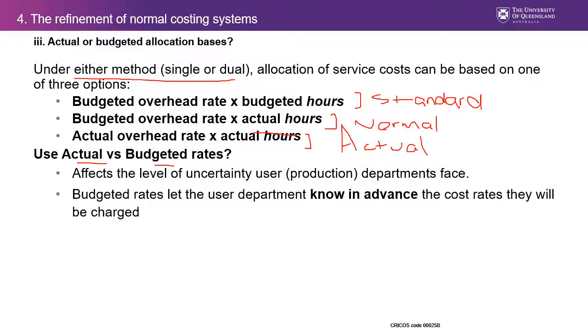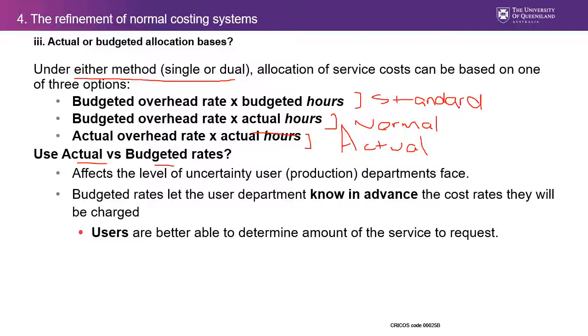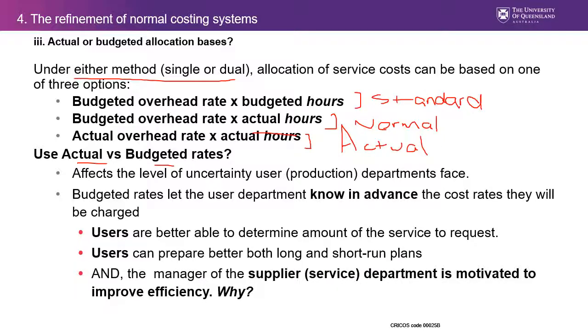Budgeted rates let the user department know in advance the cost rates that they will be charged so they can make decisions about the use of the cost driver. Users are better able to determine the amount of service that they request from a support department and better prepared for both long and short run plans. And the manager of the service department is motivated to improve efficiency because they want to ensure that their actual performance is at least as good as budgeted, if not better.